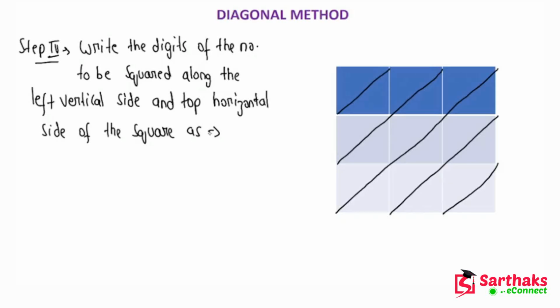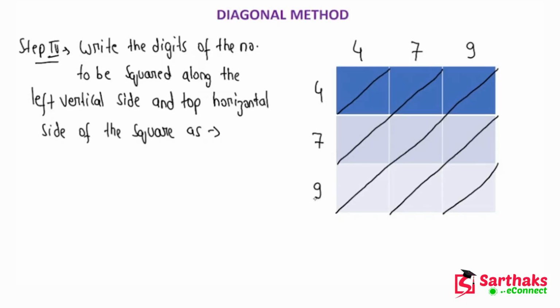Since your number is 479, it says write the digits of the number to be squared along the left vertical, that is this particular left side, and the top side. So our number is 479. We have to write it like this, 479. So this was step number 4. It was actually very easy, right?